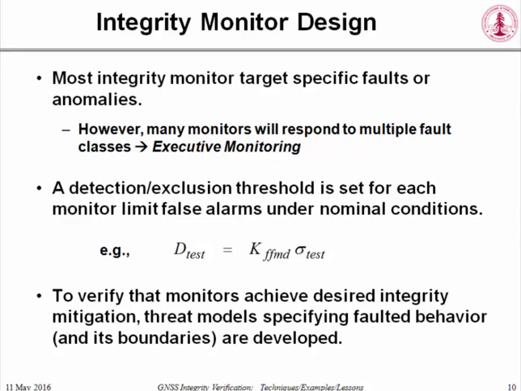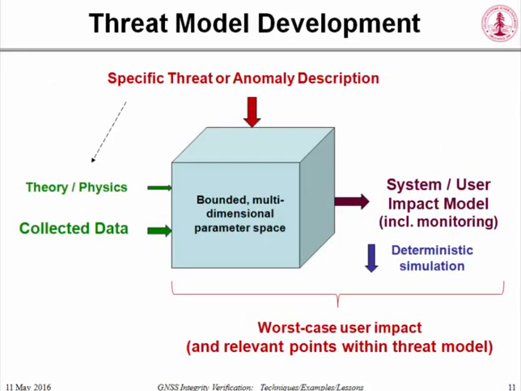However, in order to generate this and verify that this protection covers the fault that was targeted, we need what are called threat models. A threat model is a specific deterministic description of every type of anomaly. So I mentioned signal deformation.